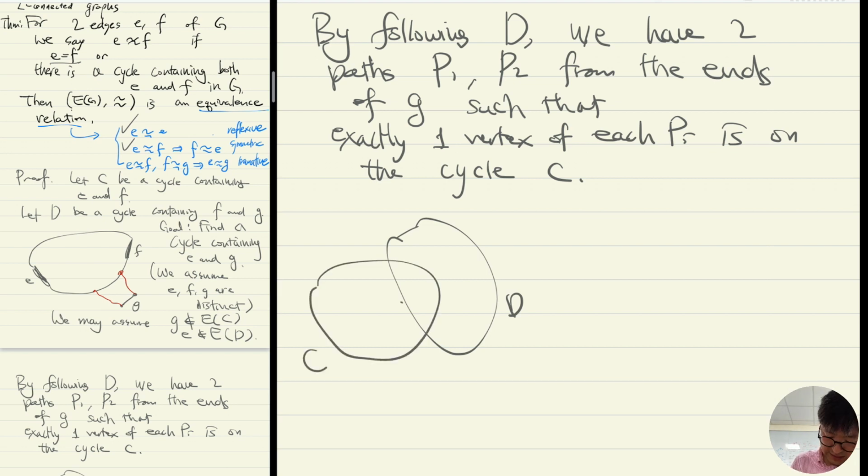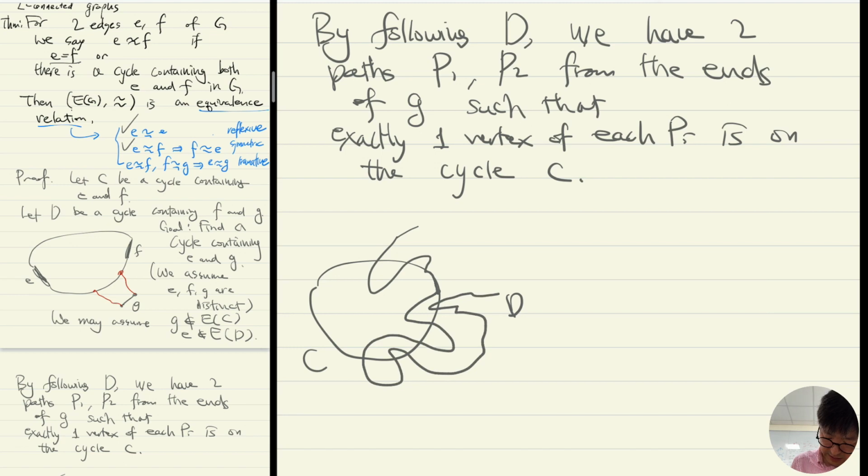Oh, that's a bit cheating. So D could be like this, this is G, this is E, this is F. Right?